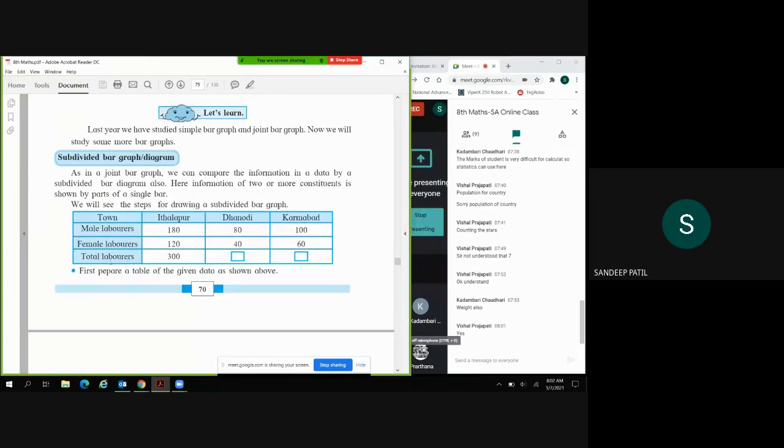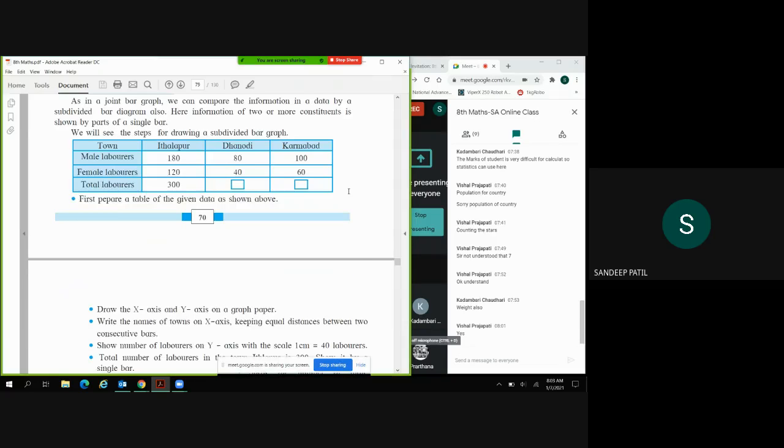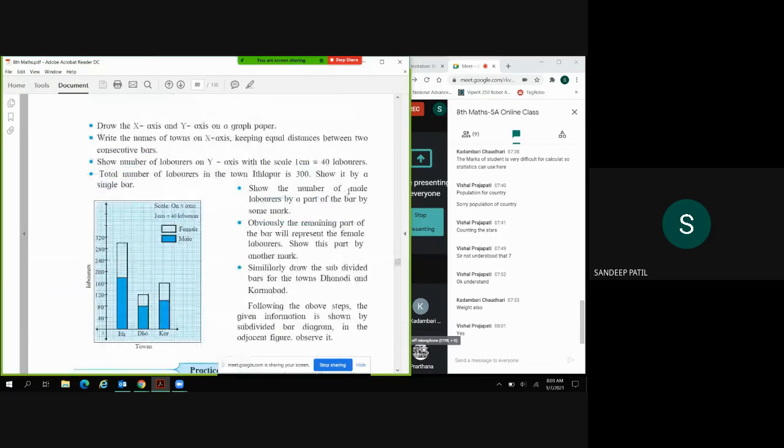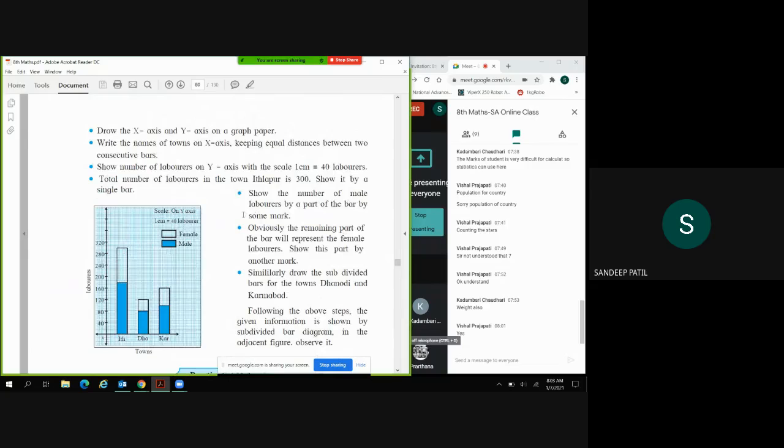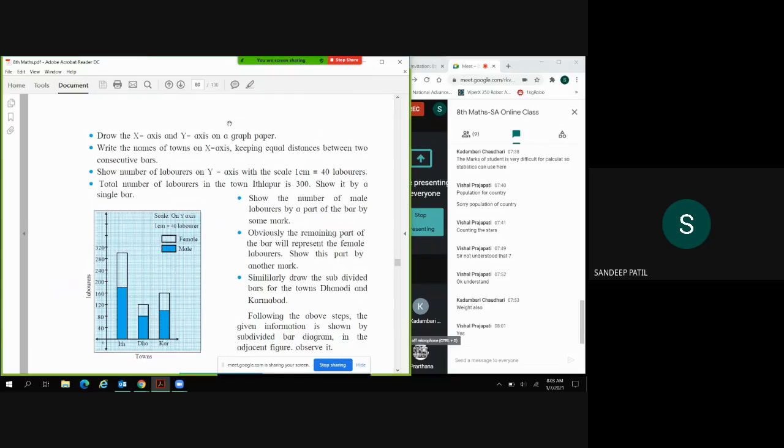We know how many laborers are there in a particular town, and they have been divided according to gender. What is the value here? 120, we know. And here it's 160. So we know the total laborers, right? So let's see now how to prepare this given data and write it in the subdivided bar graph, right?